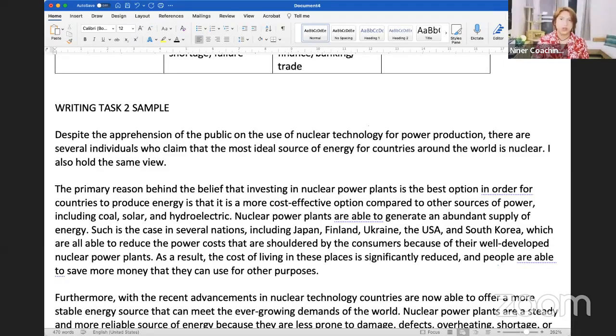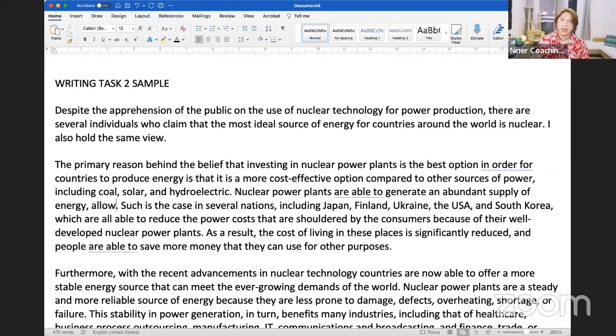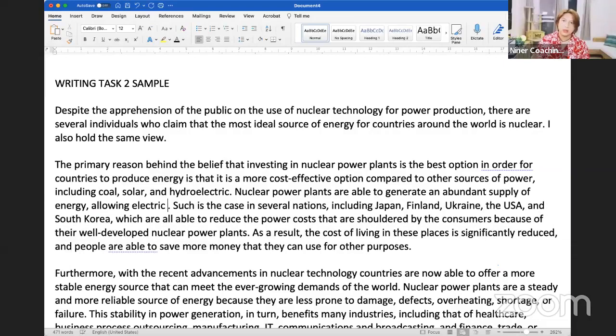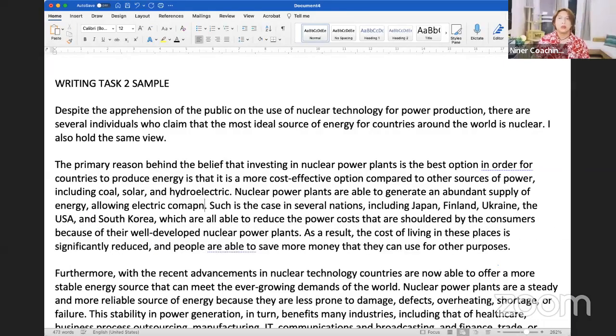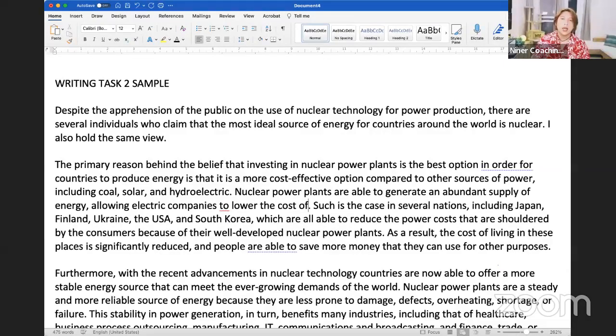and hydroelectric. Nuclear power plants are able to generate an abundant supply of energy, allowing electric companies to lower the cost of electricity.